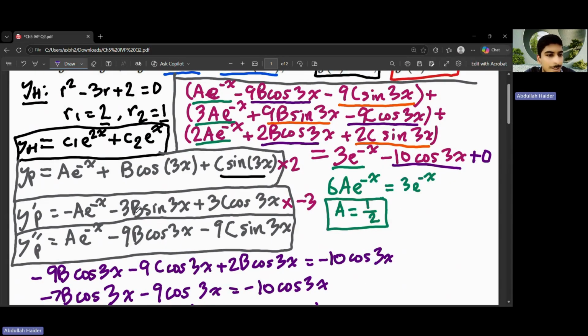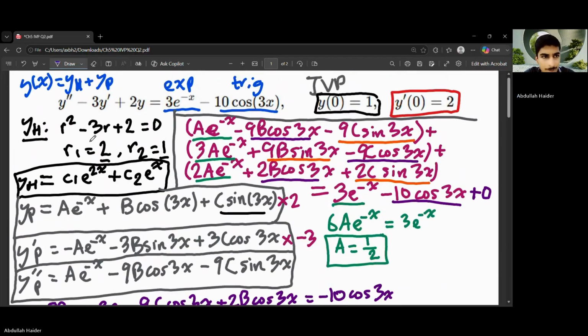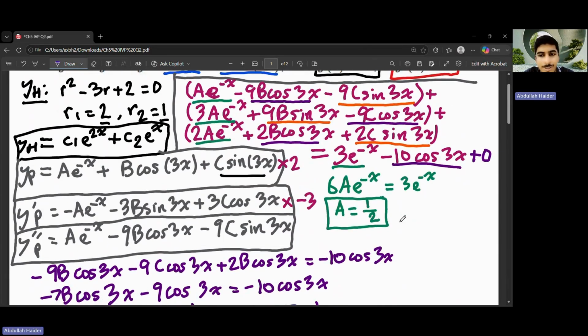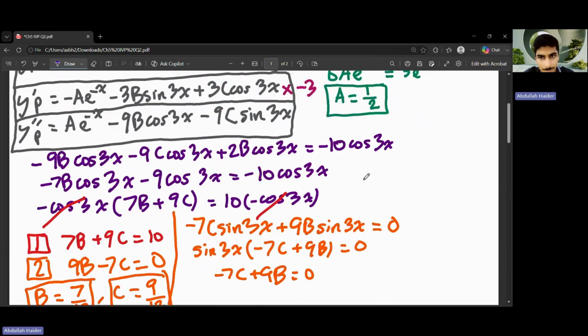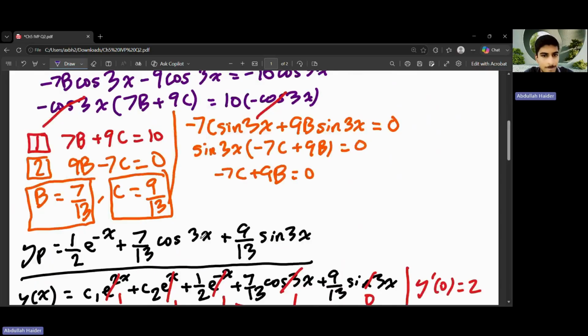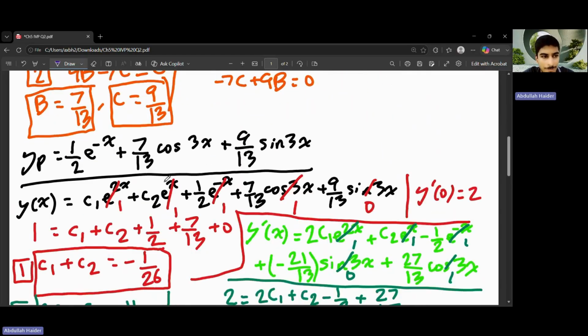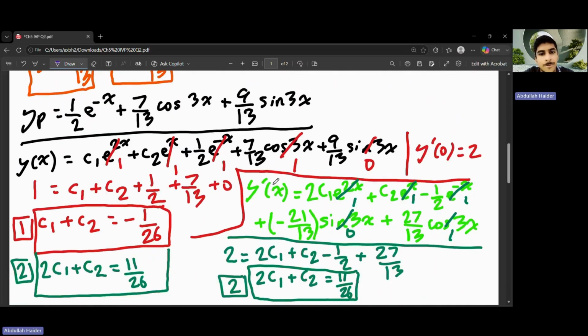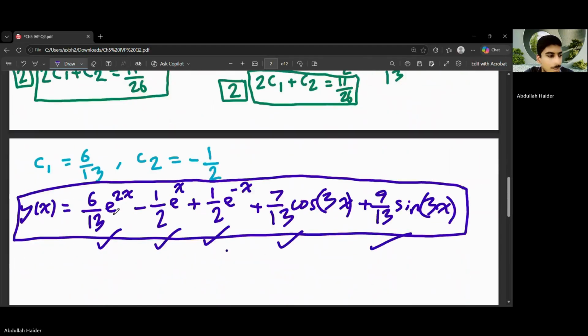Take the first derivative and the second derivative, then substitute into the main equation, and then equate the same terms. You'll get your a, b, and c, and then once you get your yp, add it to the main equation of y of x, then use the initial conditions to find your C1 and C2.